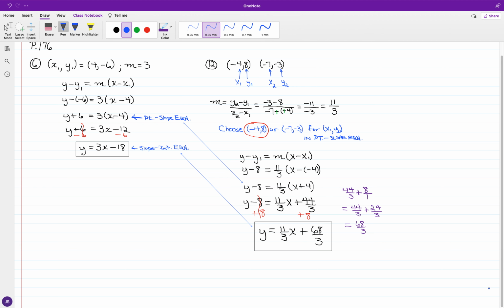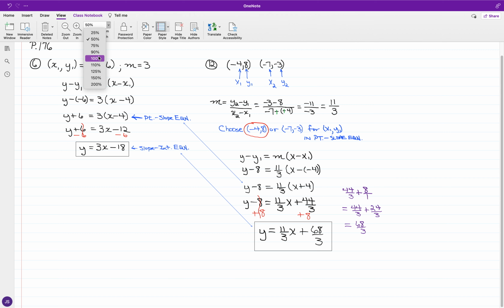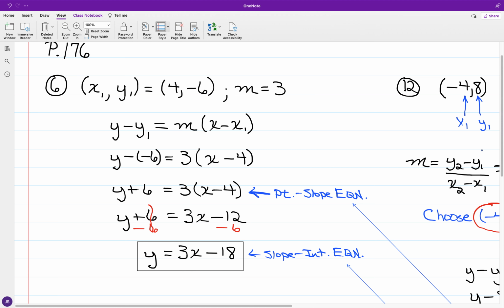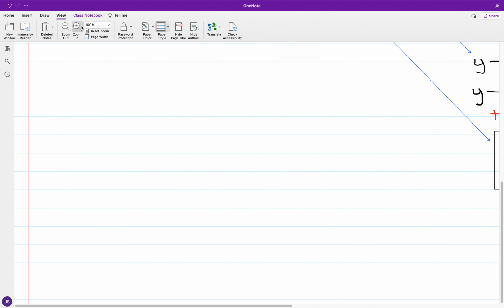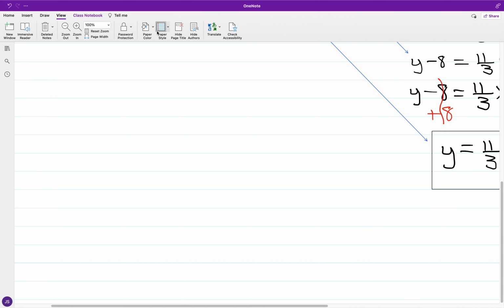Now, in the case of characteristics of parallel and perpendicular lines, we're looking at determining the slope.